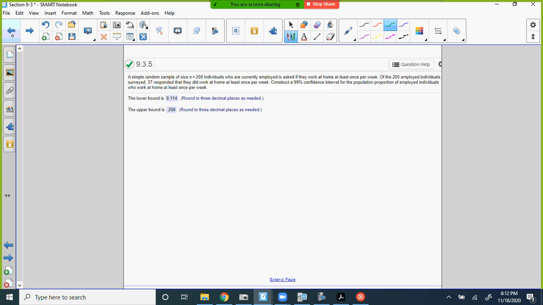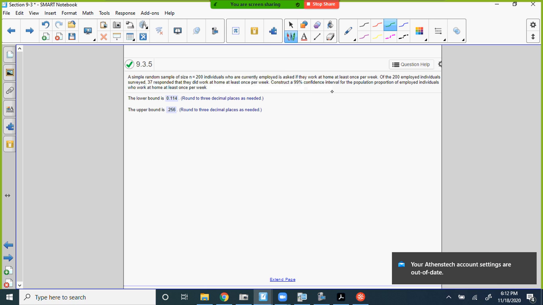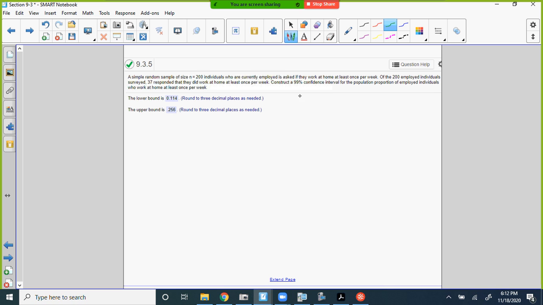A simple random sample of size 200 individuals who are currently employed is asked if they work at home at least once per week. Of the 200 employed individuals, 37 responded that they did. Construct a 99% confidence interval for the population proportion.